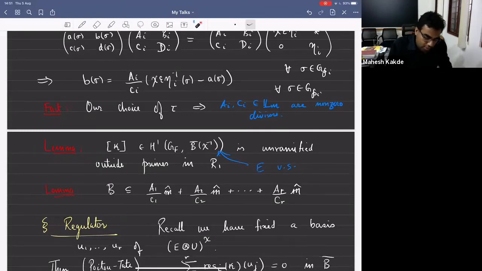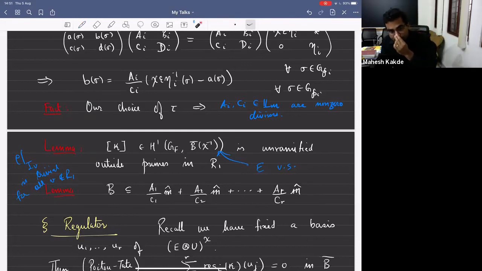So I have to show that rho restricted to I_v is trivial for all v which are not in R1. If v is not above p, then you can easily imagine that this representation is unramified, and you can easily check that actually it is. You just need to use the inflation restriction sequence.